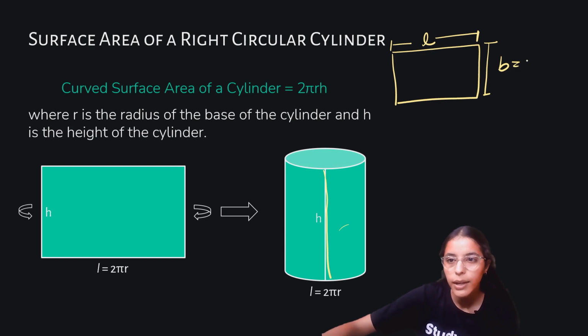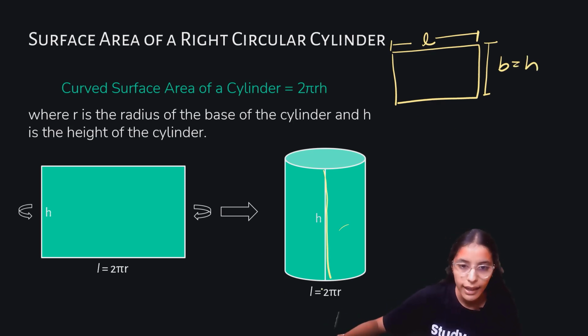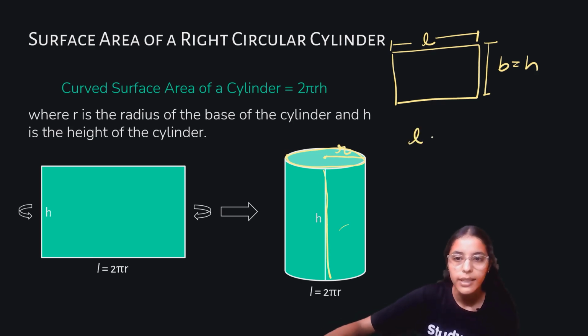So breadth equals height, and the length is the perimeter of the circular base of the cylinder. If we consider that it has a radius r, then our length is equal to 2 pi r.